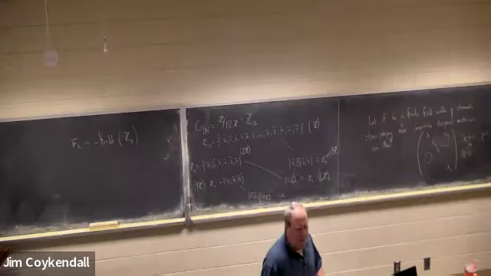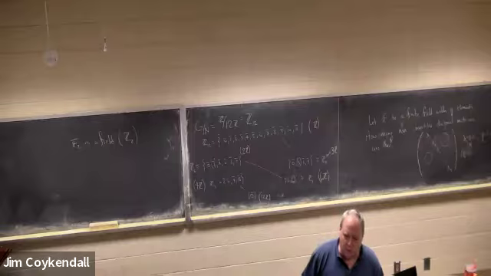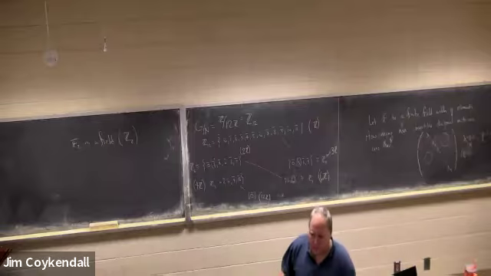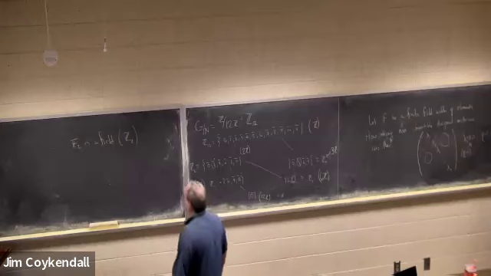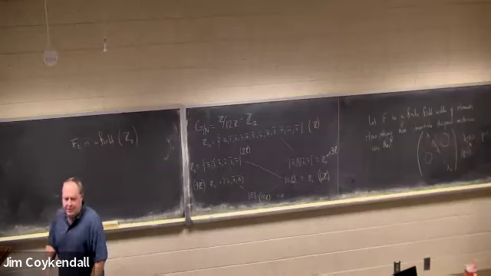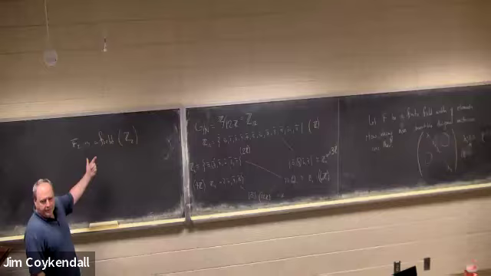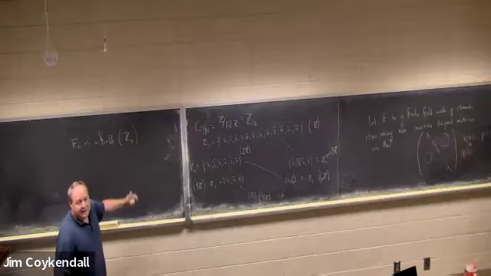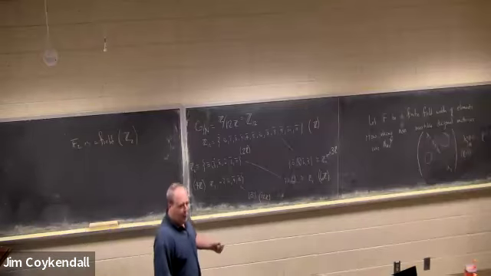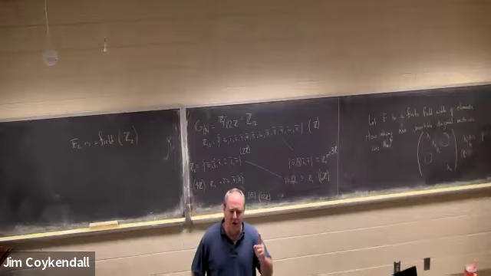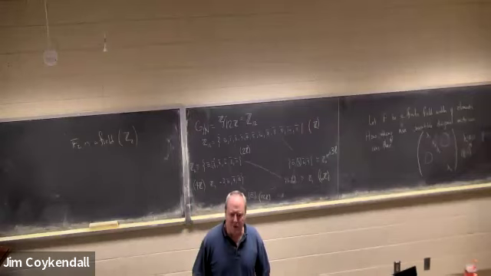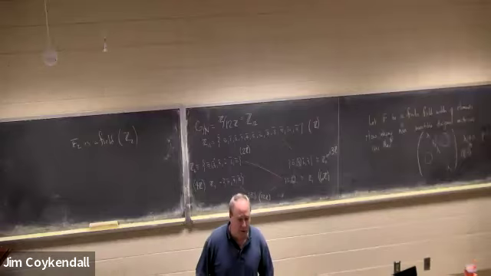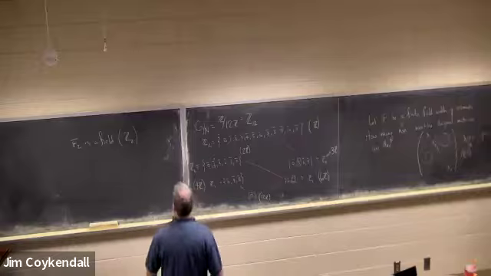I've only paid attention to Z2 under addition: 1 plus 1 is 0, 1 plus 0 is 1, and so on. But it's actually a field. What does it mean to be a field? Well, Z2 under addition is an abelian group. And if you throw out 0, all you've got is 1, and that certainly is a group under multiplication. So this is actually a field. It's the easiest field I can think of.